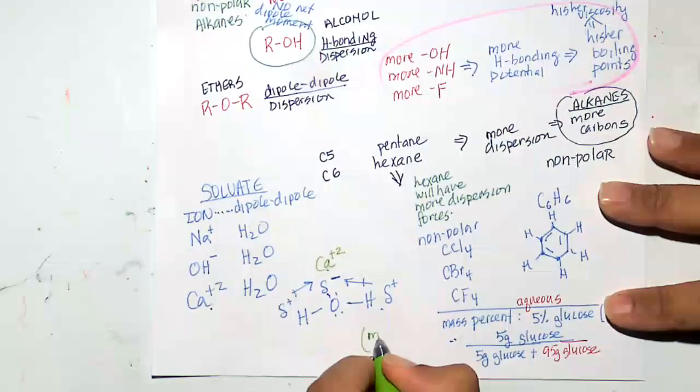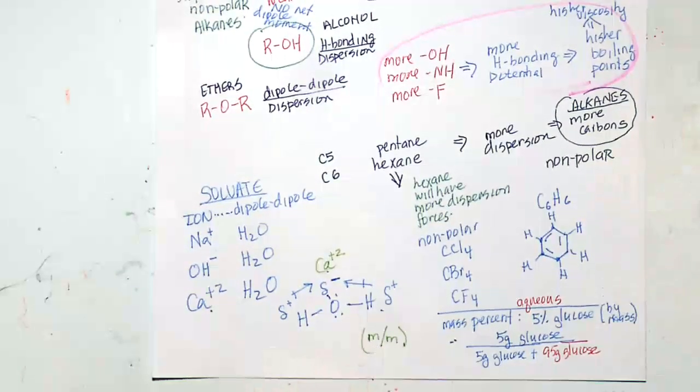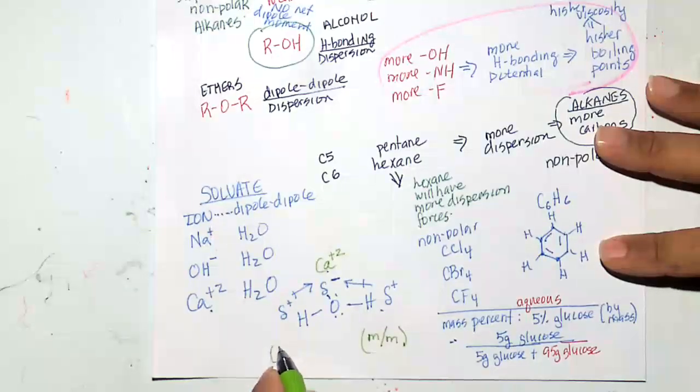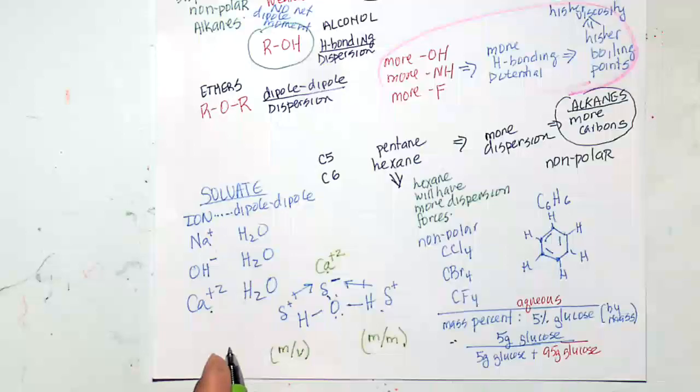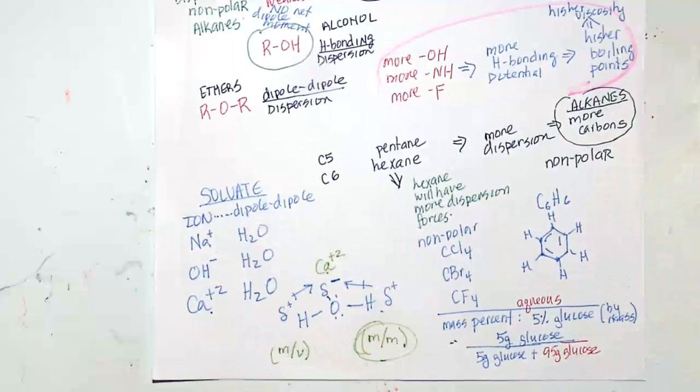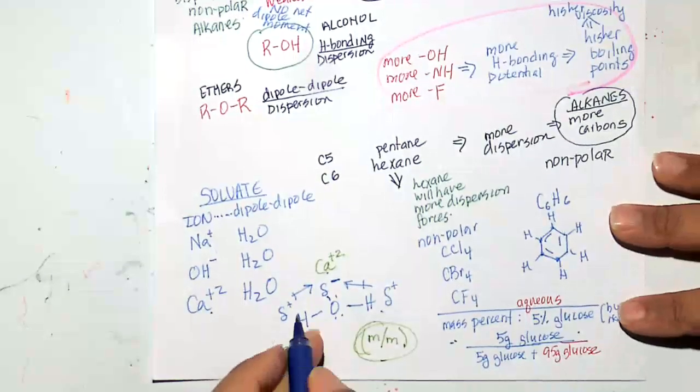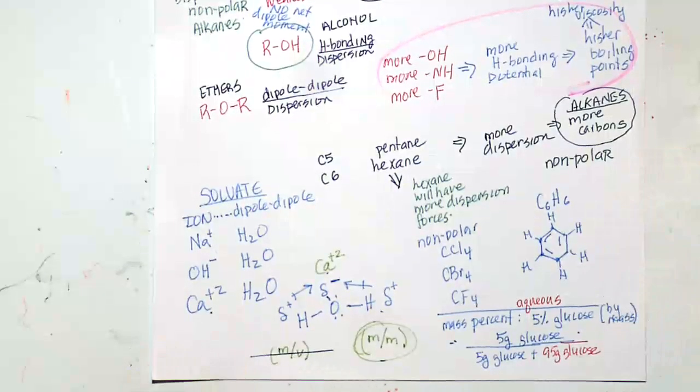Sometimes it goes m over m, because there's other concentrations like m over v, or mass per volume. But on the exam, mass percent is the mass of the solute divided by the mass of the whole thing. We will not do mass per volume, but that's also another concentration. This is just mass percent.